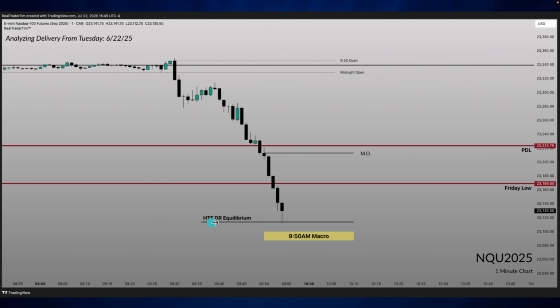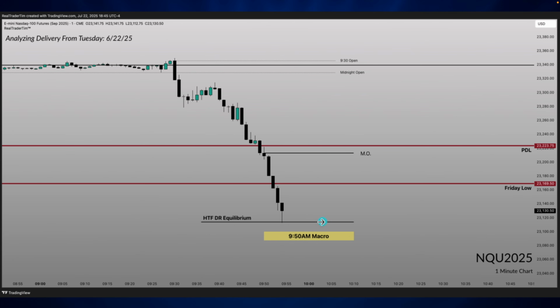This is equilibrium of the higher time frame dealing range. And it's not that far away, right, from that Friday low. So we want to see price go to and through that Friday low, previous day low, of course, by extension, to trap shorts and deliver to our key reference points, and then see if we see a setup off of these levels.